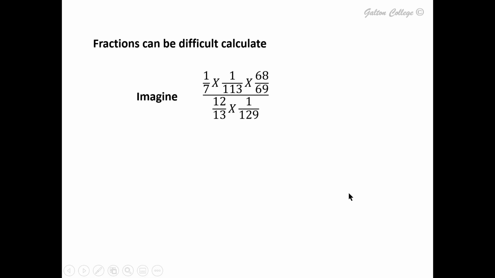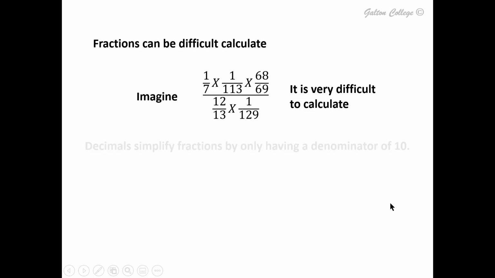And certainly it's not useful in everyday life, particularly in subjects like engineering, where people want very precise answers and they want to be able to have an efficiency in calculation. So being presented with fractions like this is not a nice experience. It's difficult to calculate.